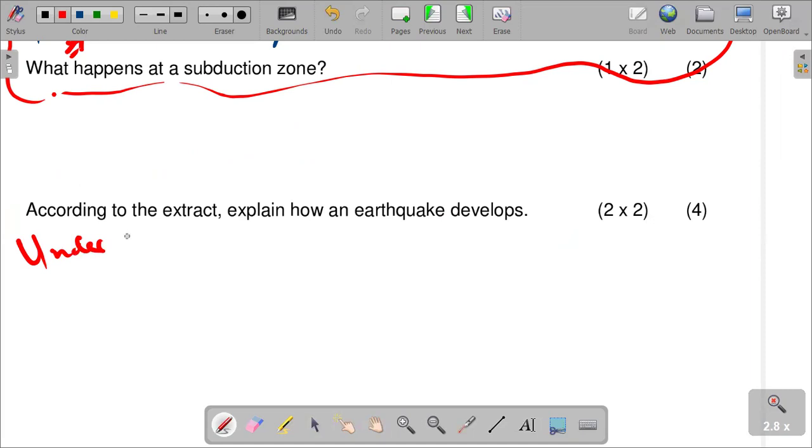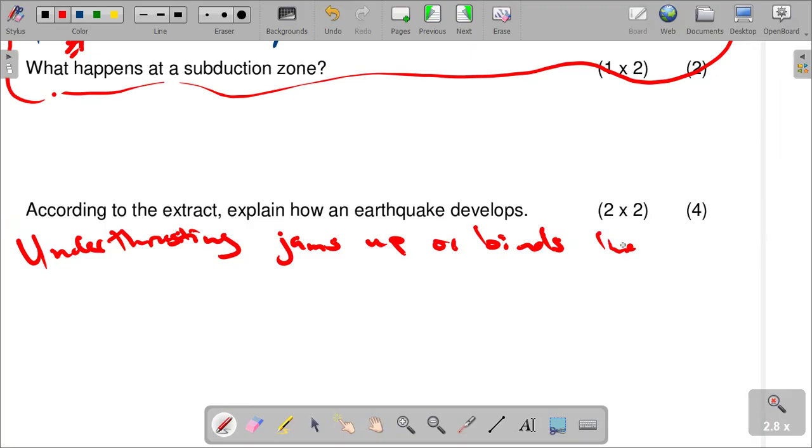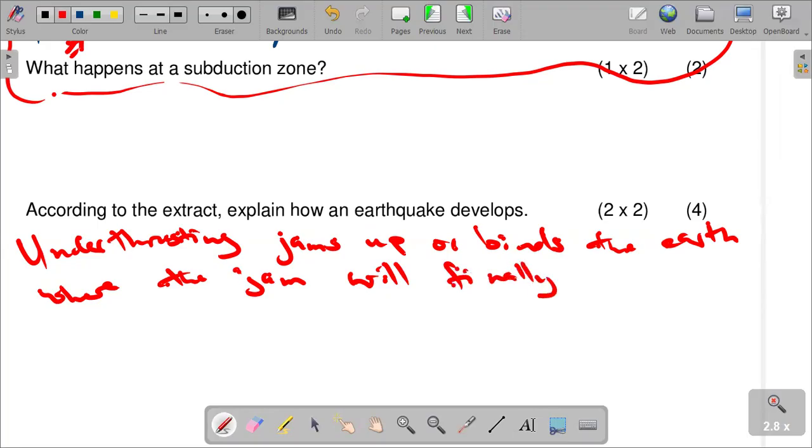We have got under thrusting gems up or binds the earth. It jams or binds the earth, and the gem is actually broken, actually torn, where the gem will finally turn away.